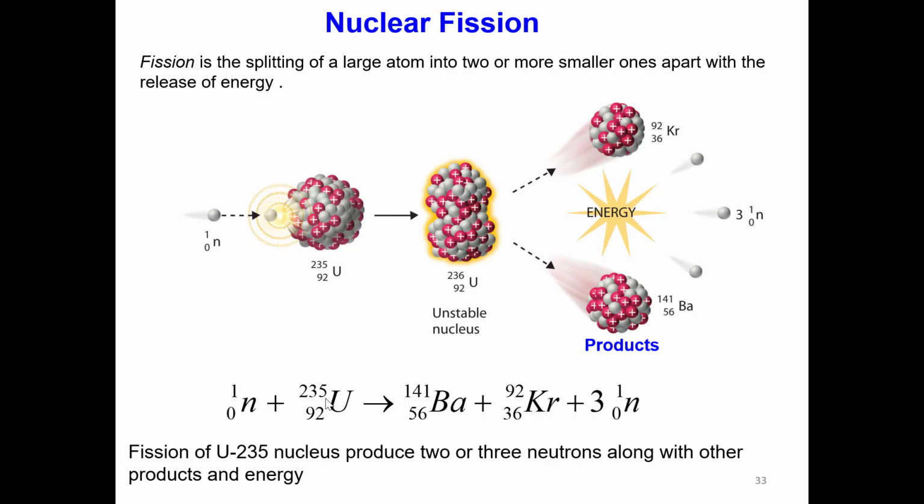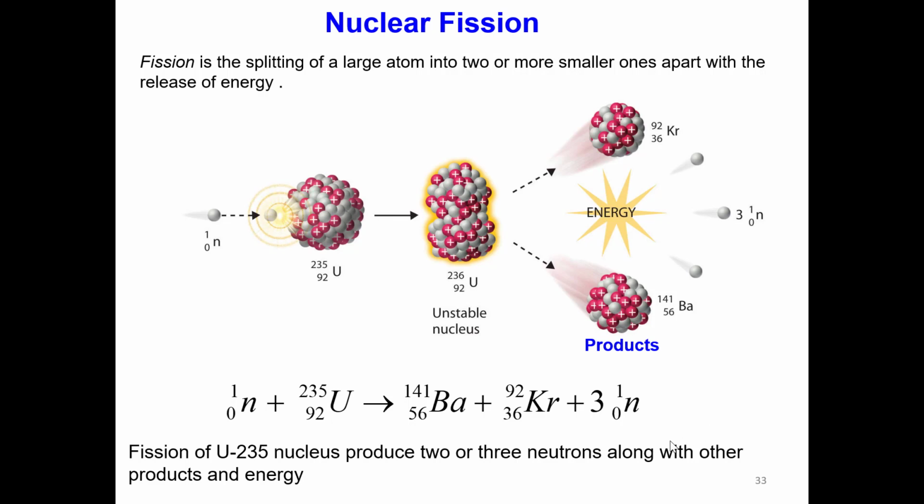Then how can we write the nuclear equation for these reactions? Here we have 1 neutron and the uranium isotope as the reactants, and on the product side we have mainly barium and krypton plus 3 neutrons.